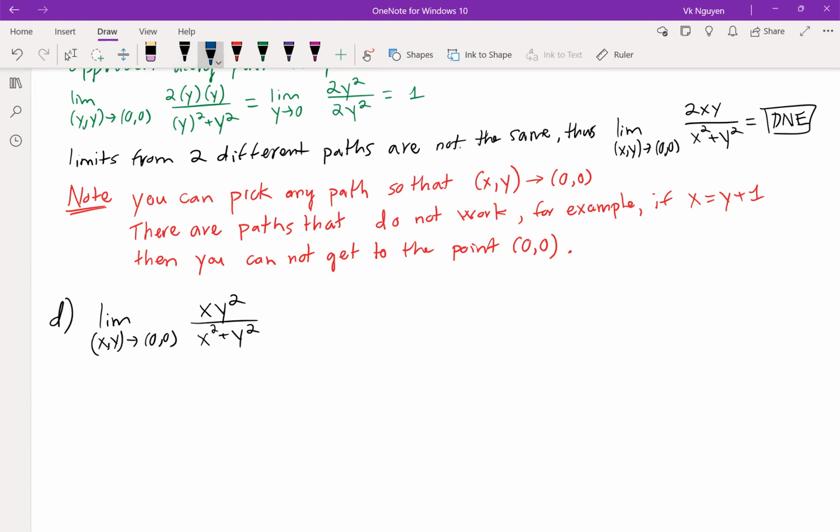I'm going to leave it to you guys to try different paths, and you'll get 0. x equals y, x equals 0, x equals y squared, and so on and so forth.